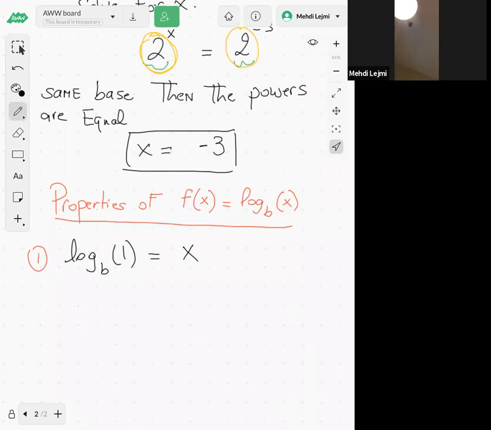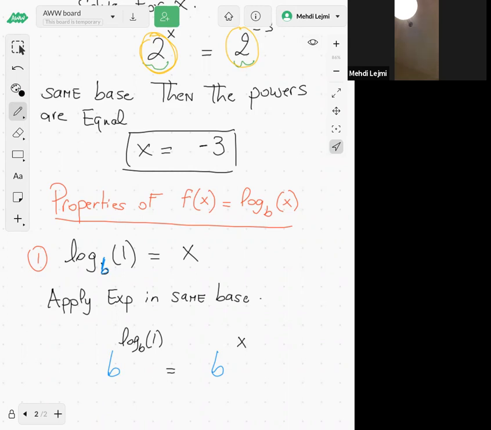Well, there's this log in base b, so you apply exponential in the same base to get rid of the log. The base here is b, so I'm going to have b here and b here. On the left I have log in base b of 1, and on the right that's x.